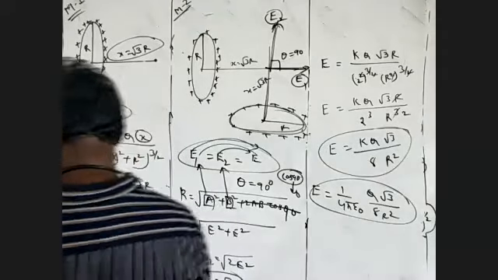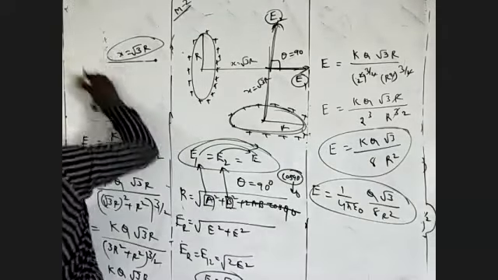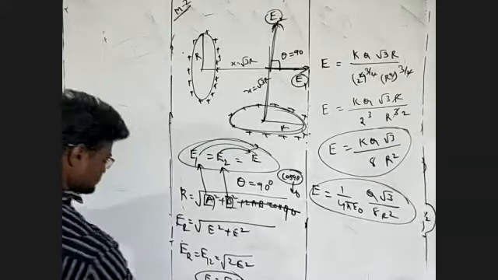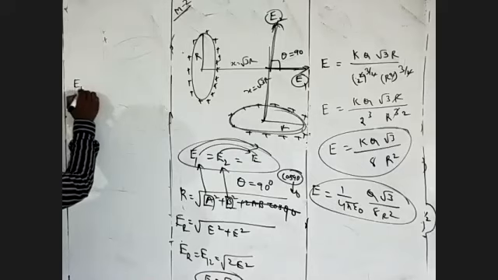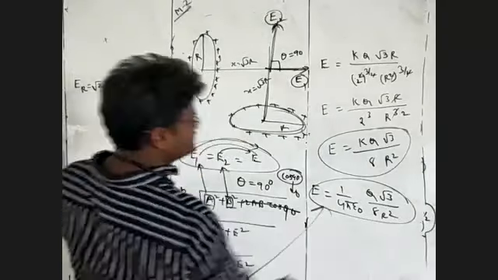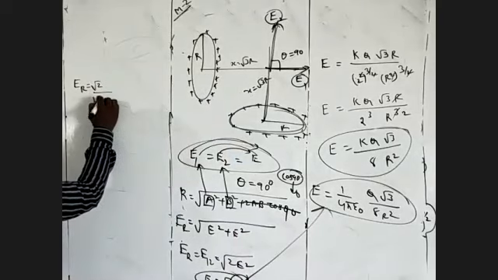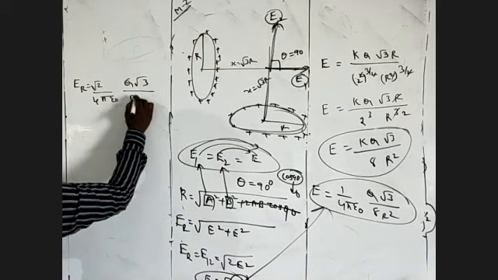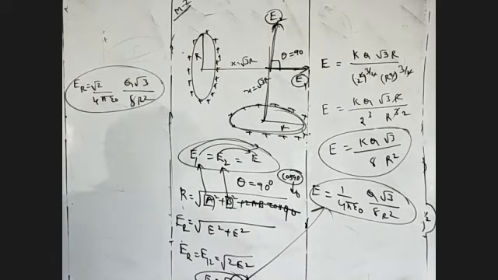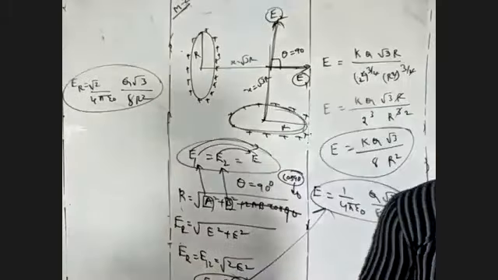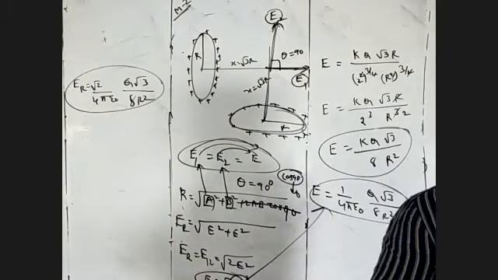Now the resultant electric field ER is equal to root 2 E. What is E? E is 1 by 4 pi epsilon naught q root 3 by 8 r square. This is your answer. We're discussing from the topic. The topic is over.